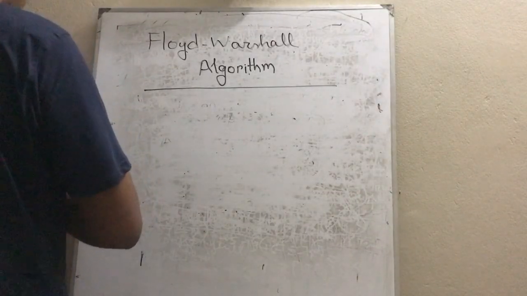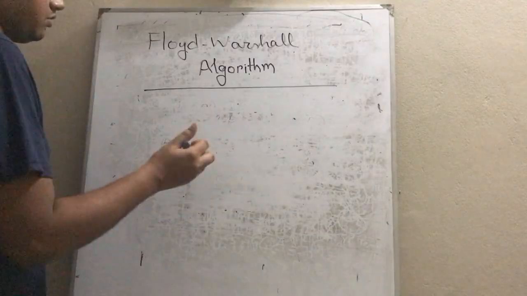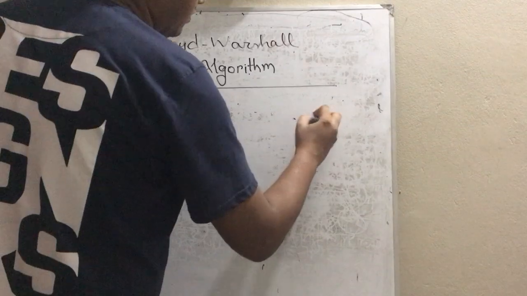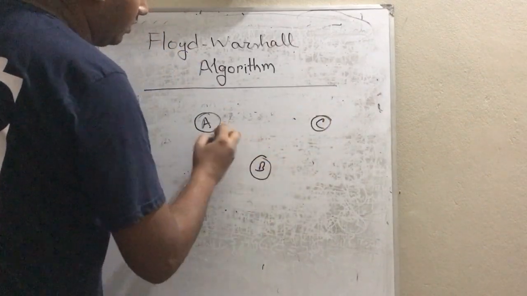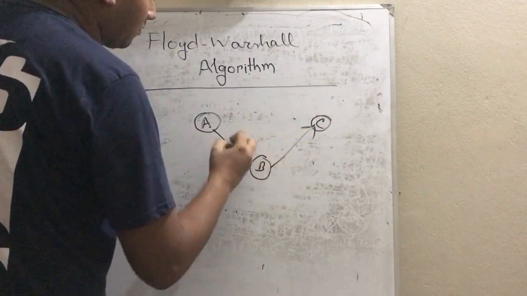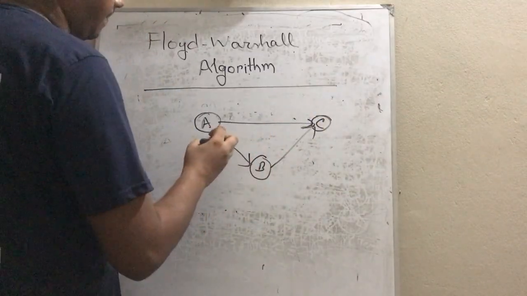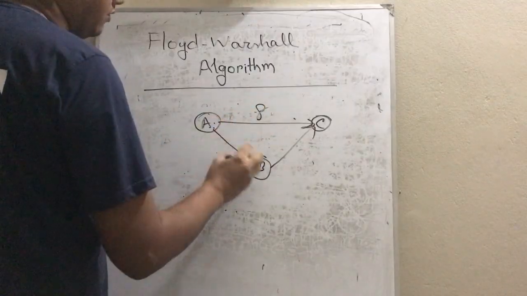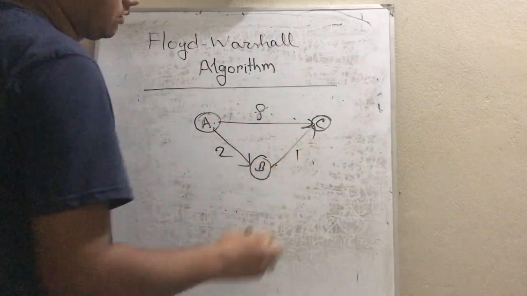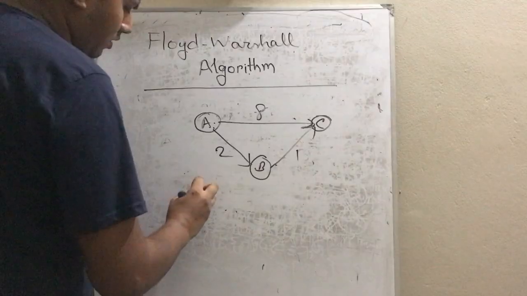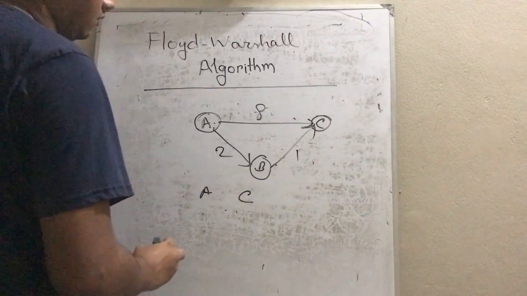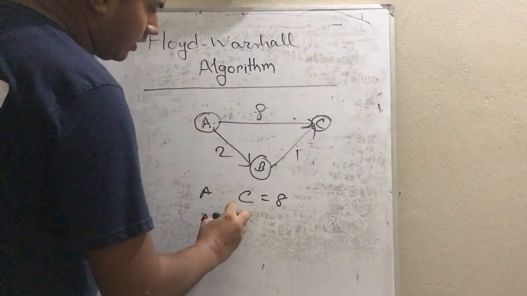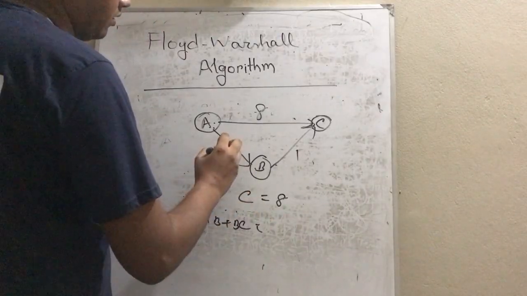Now, how to implement this algorithm? What is the basic intuition? Like from A to C, there is a middle point B. From A to C, the cost is 8. From A to B to C, it is 3.